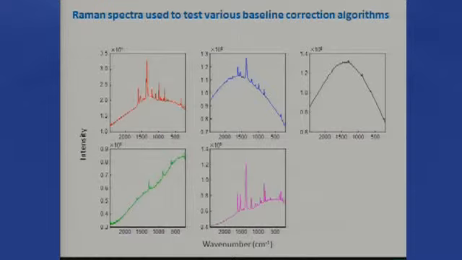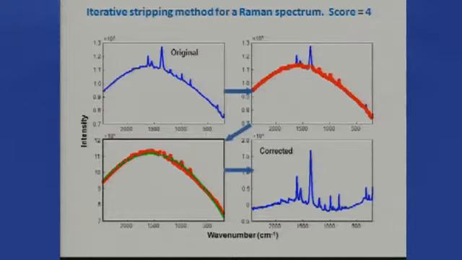And it turns out that Raman spectra are pretty easily baseline corrected. So most of these techniques worked. So here, for example, is an iterative stripping method, and it gives you a better baseline than this, but it's still not a perfect baseline. Score is 4.